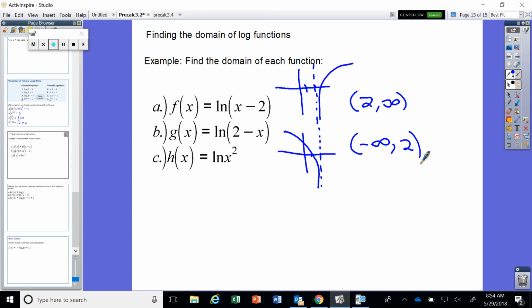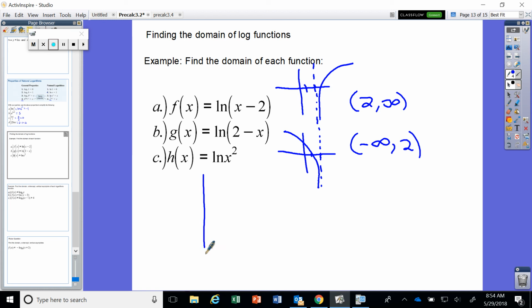All right. What about something a little bit different, though? The natural log of x squared. All right. Well, again, this is only true if x squared is greater than 0. Well, good news, x squared should always give us something more than 0, right? And so the only problem that we have is when x is what? Well, the only issue that we have is when x is 0 itself, right?